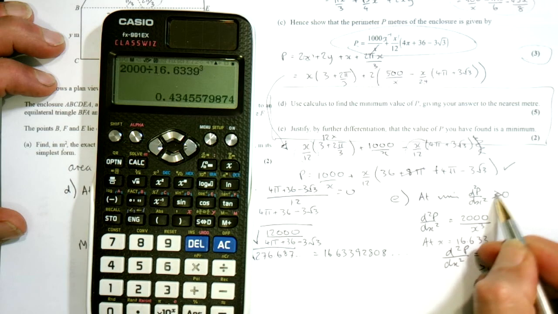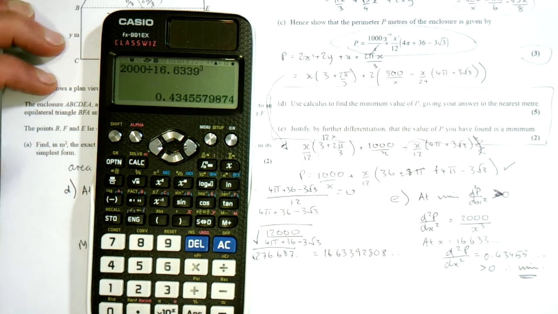Sorry, I got that the wrong way around there. For a min, d2p by dx squared is bigger than 0. It is bigger than 0, therefore it's a min. Done.